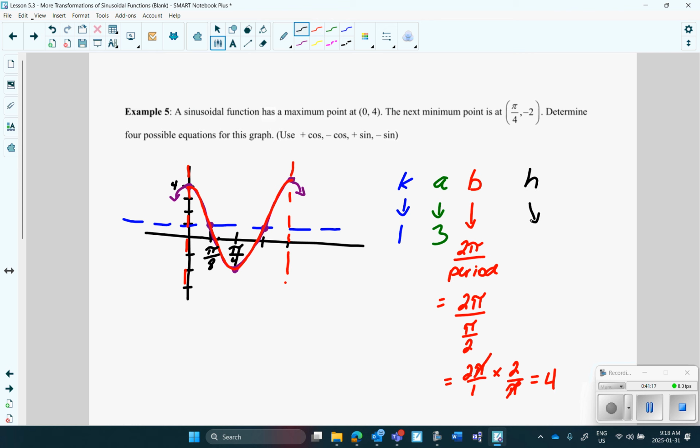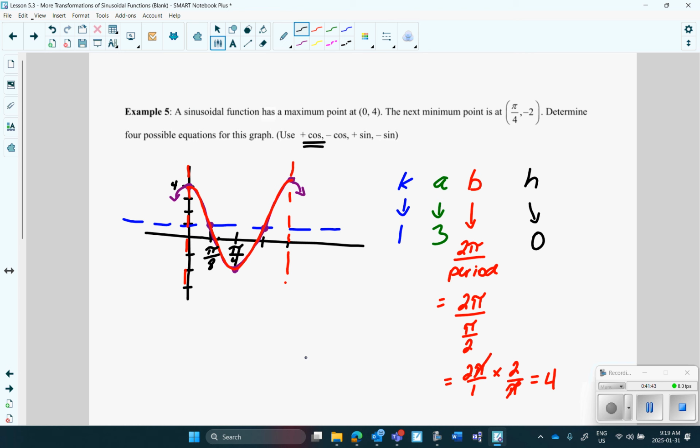Let's assume we're doing a cosine graph because that's what we recognize. What's h? 0, because it starts on the y-axis, right? So let's just do that one. I'm not going to worry about the other 3, because really, you wouldn't be asked a question like this.